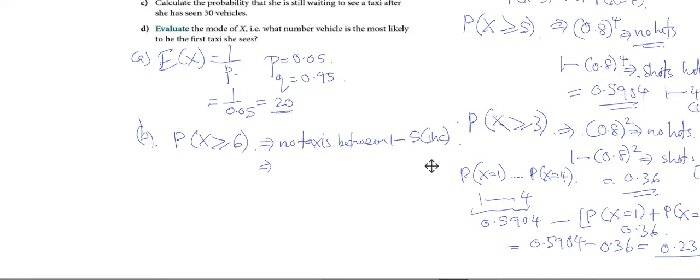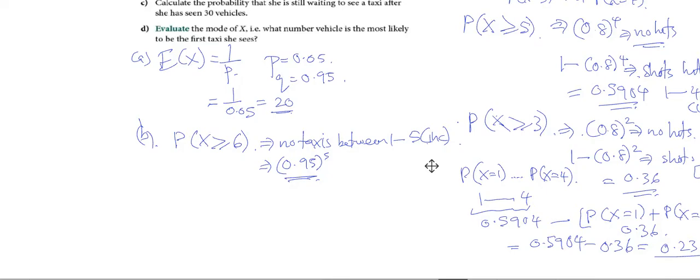So let's find that no taxi. No taxi is 0.95, which is Q, and she sees her first taxi only on the 6th, so no taxi will be to the power of 5. We don't have to find the answer of this, but what is the complement?